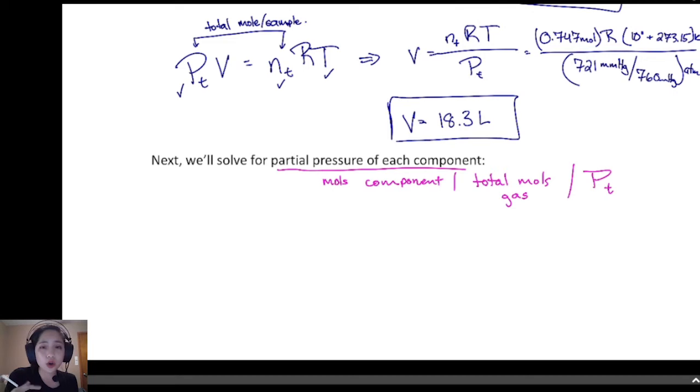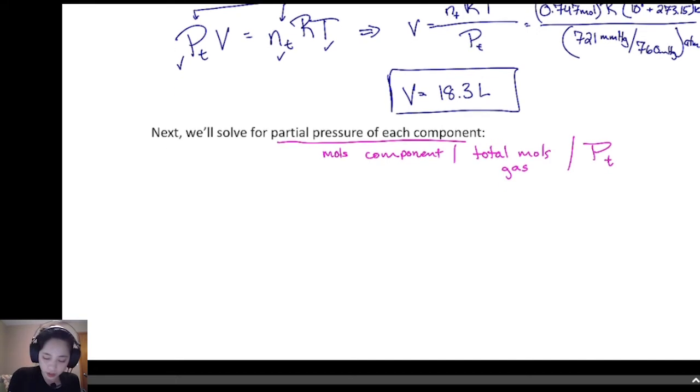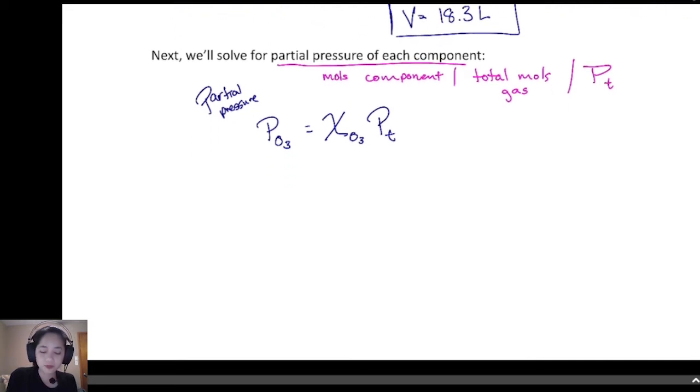All right, and then all we have to do is multiply the mole fractions of the two different components by total pressure, and we'll get it. So let's just remember what that equation is. This is the partial pressure of a component. Let's just pretend we're doing it for one of them. So our partial pressure for ozone is equal to the mole fraction of ozone times the total pressure.